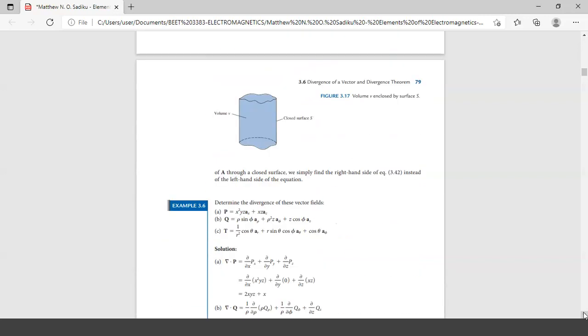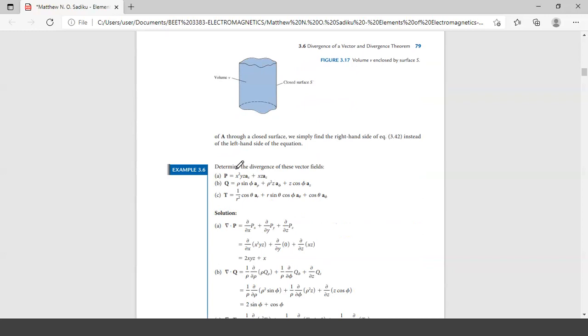So let's see the example. Determine the divergence of this vector. First is the Cartesian coordinate. So we see del over del x of the x component, x squared y z.